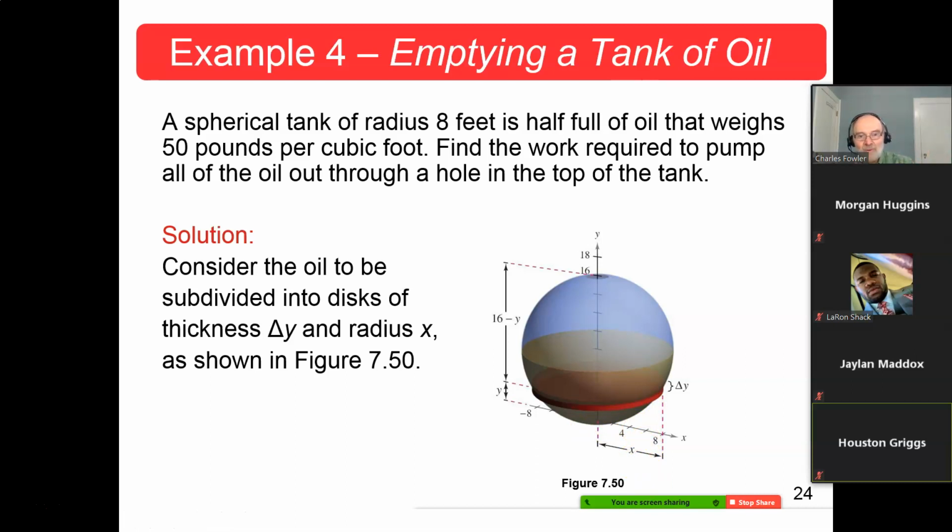Now, at some point we're going to have to get this x expressed in terms of y, because you can't have two variables in your integral with the skills we have now. But that's not going to be too bad either.